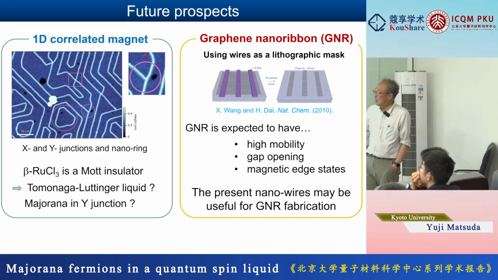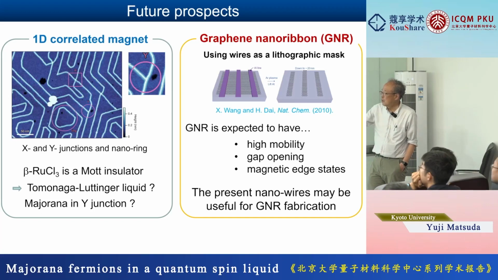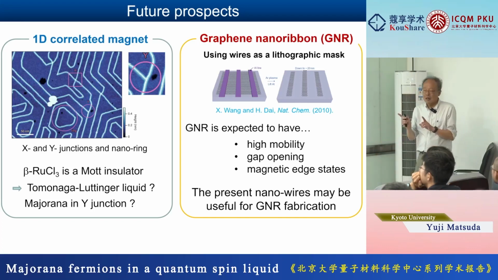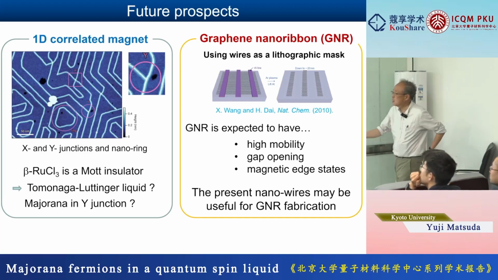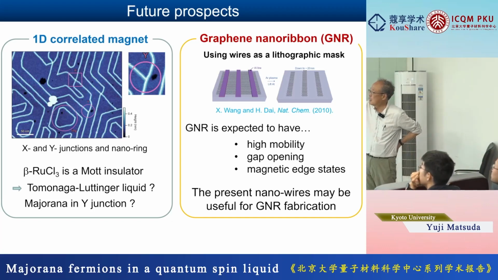We don't know the detailed interaction of each spin of RuCl3. If it is very close to Heisenberg, then we can realize a Tomonaga-Luttinger liquid. But recently some theorists mentioned that Ising-like interaction is realized in this system. In this case, Majorana fermions may be excited in this Y junction.